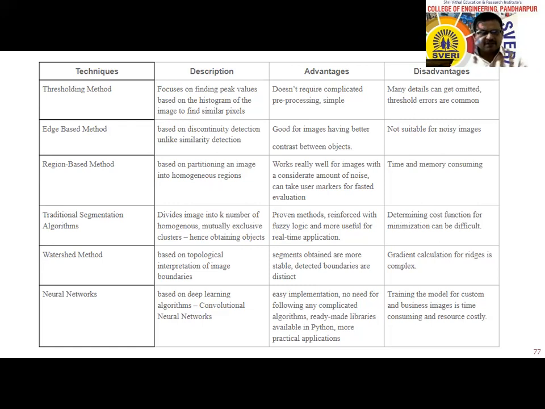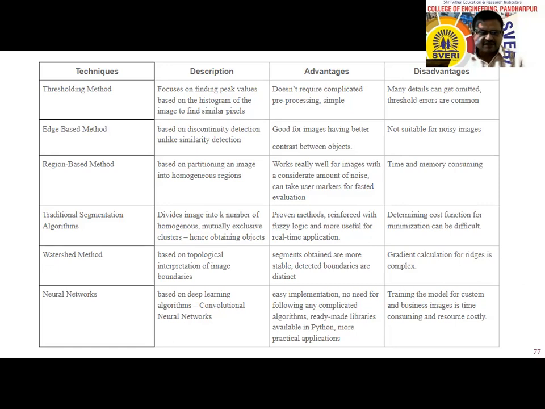Then region-based method, based on partitioning an image into homogeneous regions. Advantages, works really well for images with a considerable amount of noise, can take user markers for faster evaluation. Disadvantages, time and memory consuming.